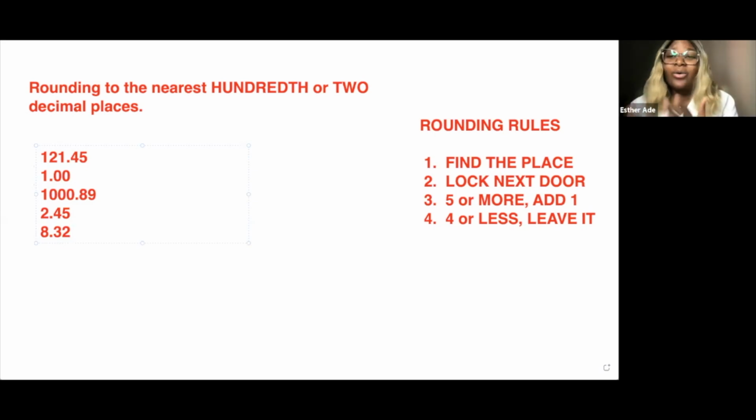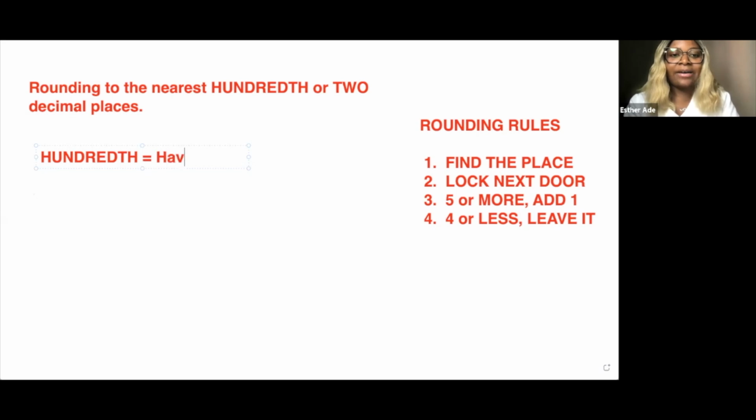Okay, the goal here is to have two numbers after your decimal. So basically the hundredth place or two decimal places means have only two numbers after the decimal point.